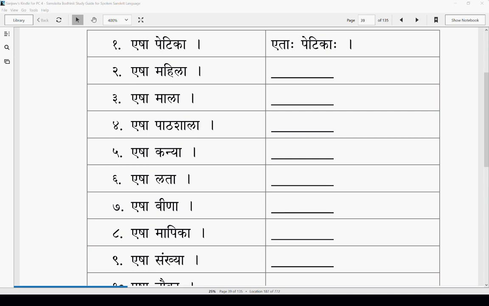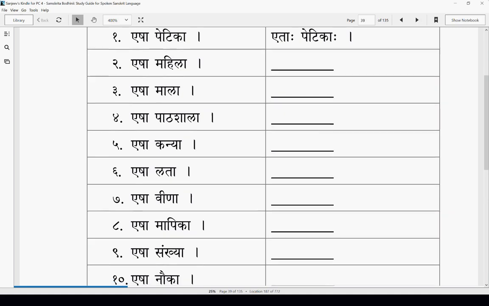Sankhya. Sorry. Okay. एषा संख्या, एताः संख्याः. एषा नौका. एताः नौकाः.